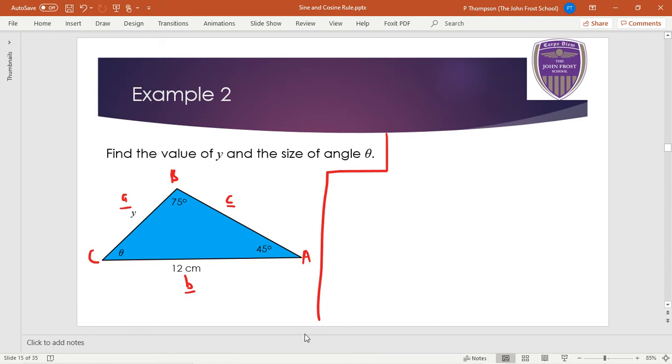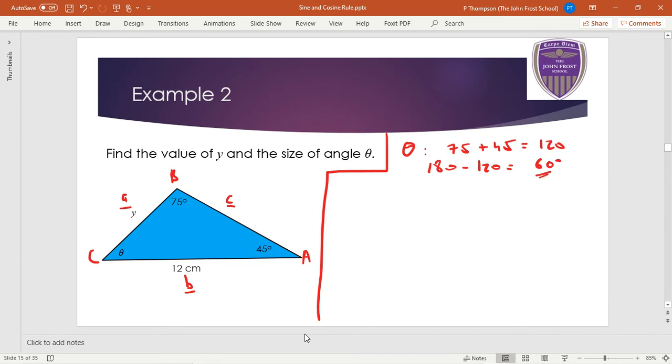because it's really easy. Because remember, the angles in a triangle add up to 180 degrees. So to find theta, sorry, let me draw a proper theta. To find theta first, I'm just going to do 75 plus 45 is 120, then 180 take away 120 gives me 60 degrees.